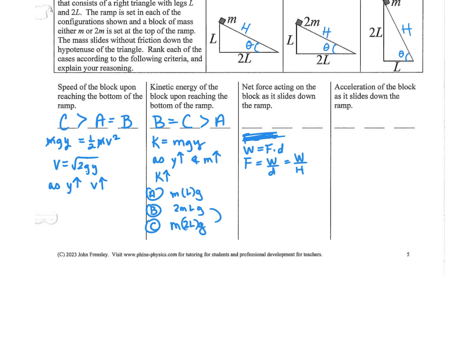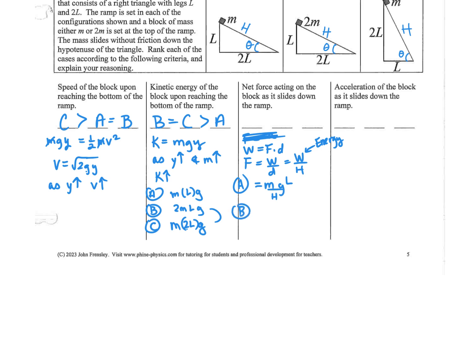So really what we need to think about is this work as what kind of energy are we starting with? All right, in every case, it's going to be gravitational potential. Our force is actually going to end up being mg for A. We know it's going to be equal to mgl over h.